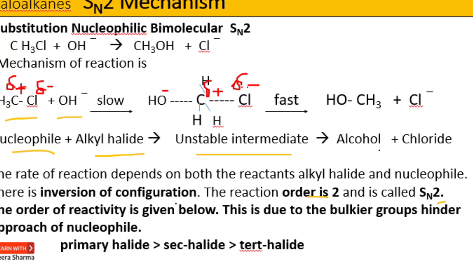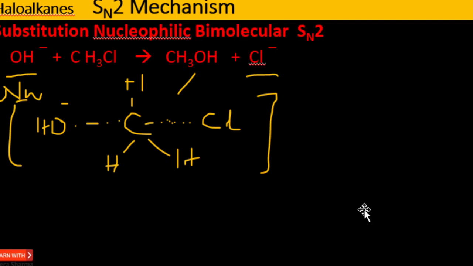Now if the groups attached close to the carbon become heavier, like methyl, tertiary or secondary, then it is difficult for the nucleophile to get attached to the carbon. So if, instead of this, we have a secondary or a tertiary carbon, what is a tertiary carbon?